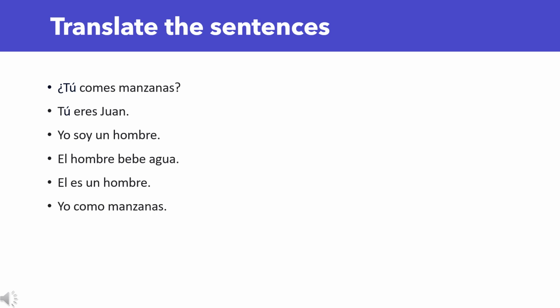I will also suggest you pronounce these sentences so that you will be able to speak properly in Spanish. Along with me, you can try to speak those words yourself. Tú eres Juan.